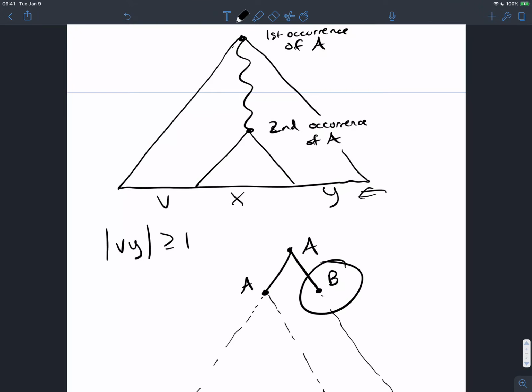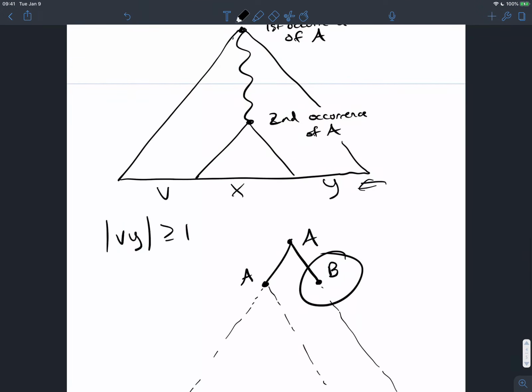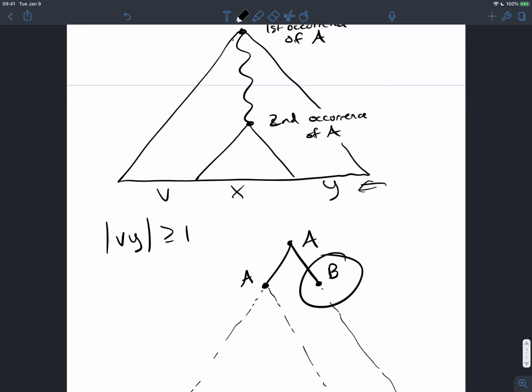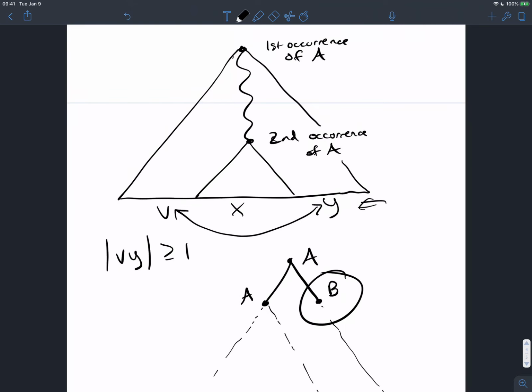Or any occurrence of A. So that must mean that right off the bat, V and Y together have to be non-empty. One of them has to be non-empty, or both, possibly, because the two occurrences don't coincide together.